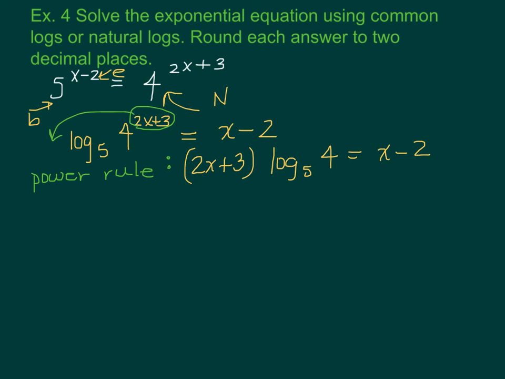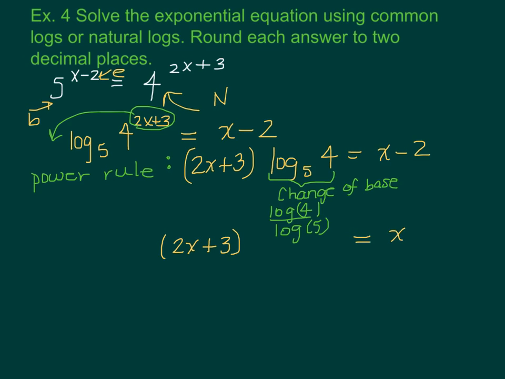And then here we're going to use change of base. So you can put this in your calculator: log 4 divided by log 5. Make sure you're closing those parentheses. And that answer you're going to distribute to the 2x plus 3.